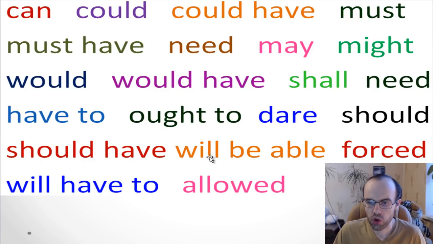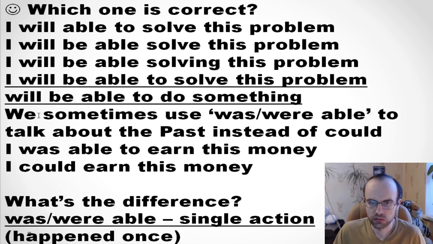Okay, you know, students often ask me, okay, so we can use could, will be able, but what about be able? Can we use it when we talk about the past? Yes, it's possible. Sometimes we use was or were able to talk about the past instead of could.